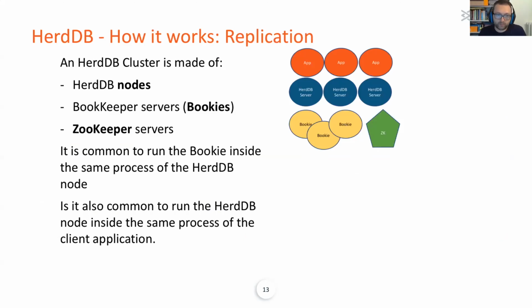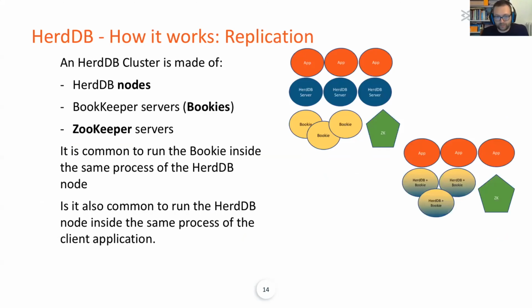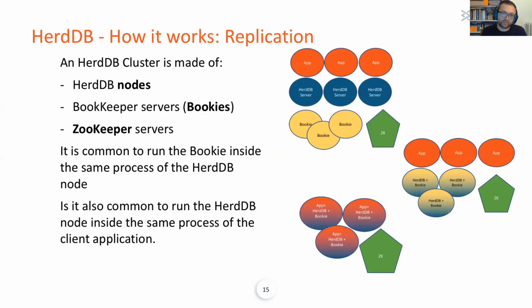It is really common to run the Bookie inside the same process of the RDB node, but it is also common to run the RDB node inside the same process of the client application. So basically, the architecture of the application is that you have application nodes and you have some coordination service, and this is the case for Apache BookKeeper.